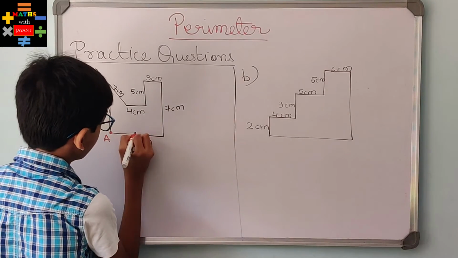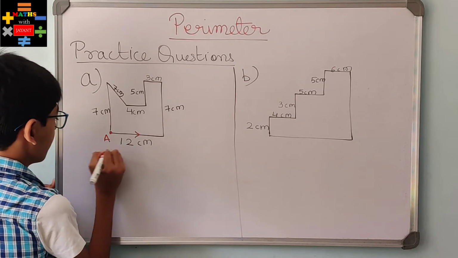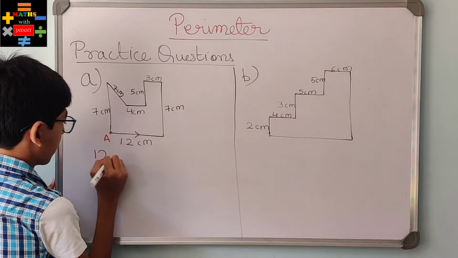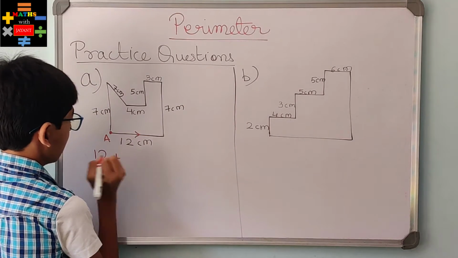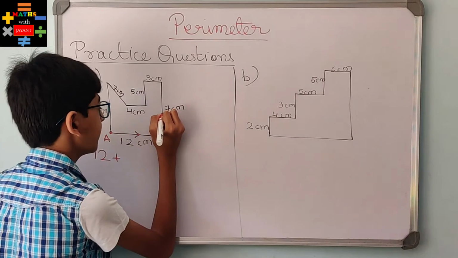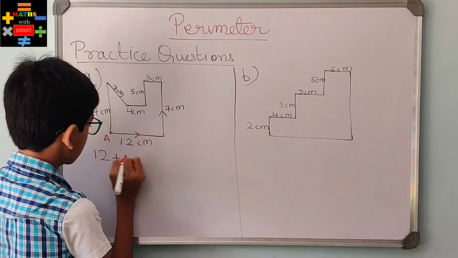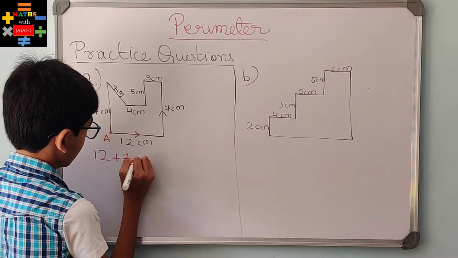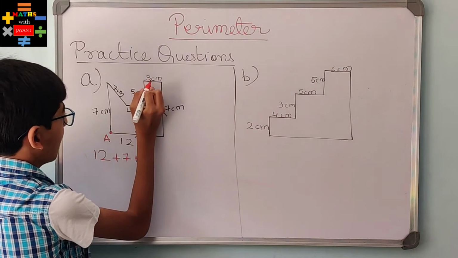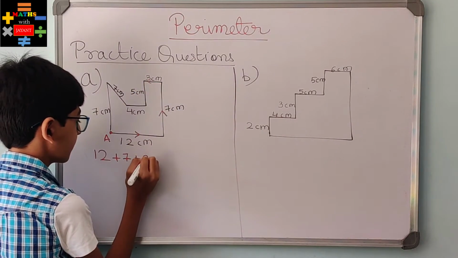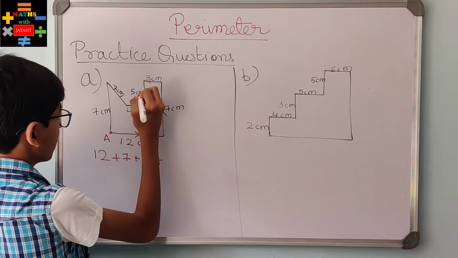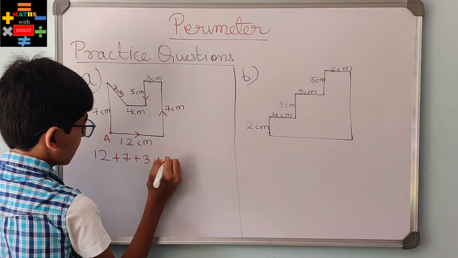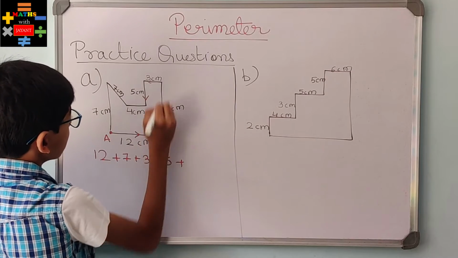First we start off with 12 centimeter, plus now we go here and we add 7 centimeter. Then we add 3 centimeter. Then we add 5 centimeter. So like this we have gone.